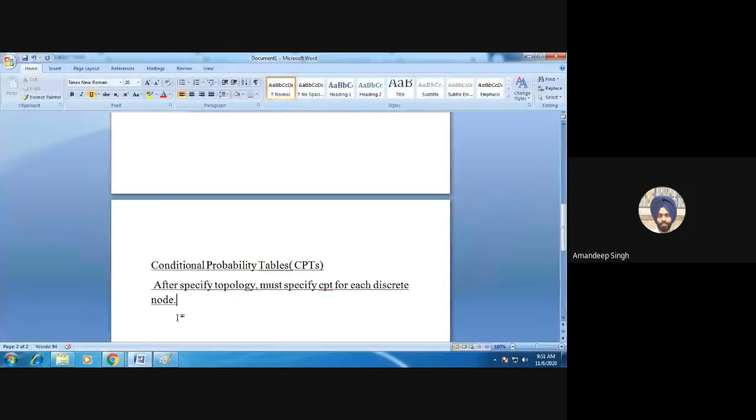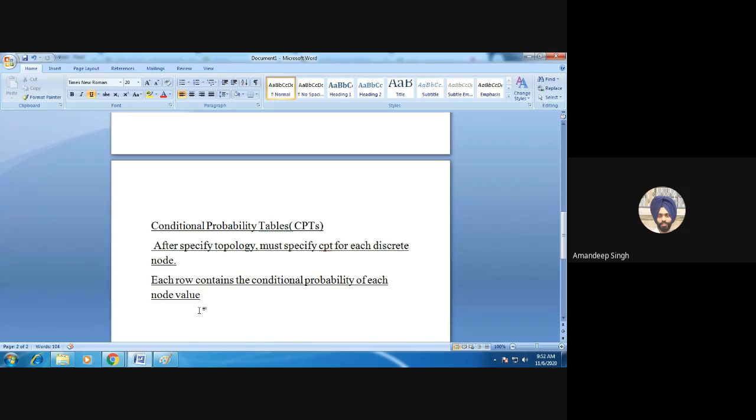Fine. And each row in this conditional probability table contains the conditional probability of each node value for each possible combination of values in its parent nodes.